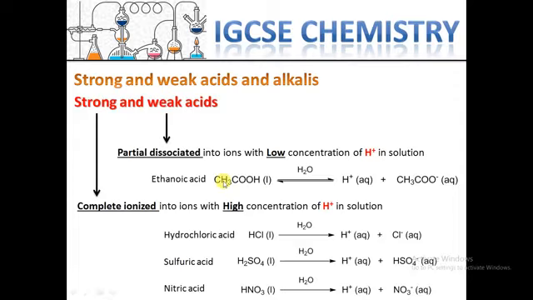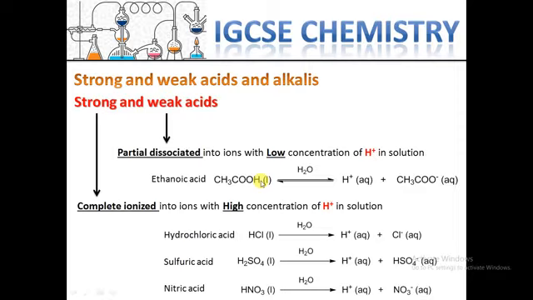Some remain molecular and some others can be separated into hydrogen and the corresponding anion form. It does not mean that all this ethanoic acid can be separated into hydrogen and the corresponding anion.